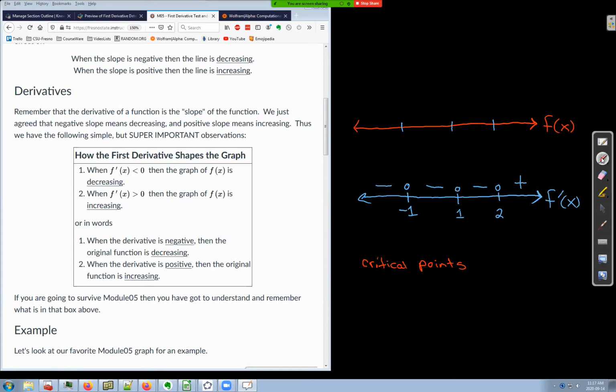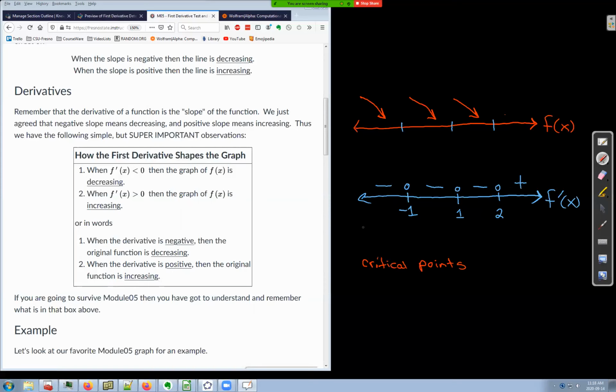So what that tells me is that whenever the derivative is negative, the original function is going down. So I'm going to draw a down arrow. Here, the derivative is negative, so the original function is going down. Here, the derivative is negative, so the original function is going down. And here, the derivative is positive, and when the derivative is positive, then the original function is increasing.